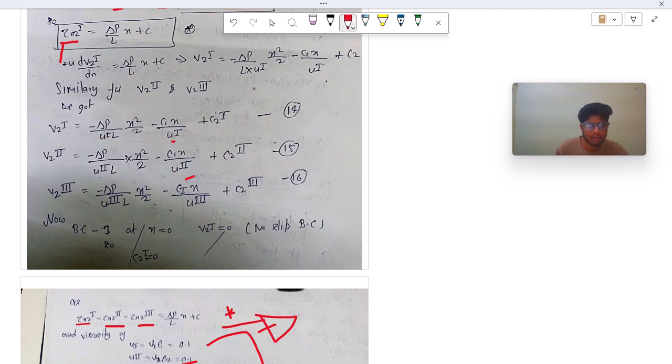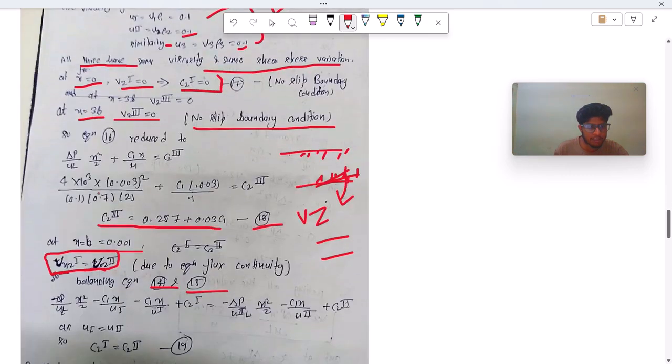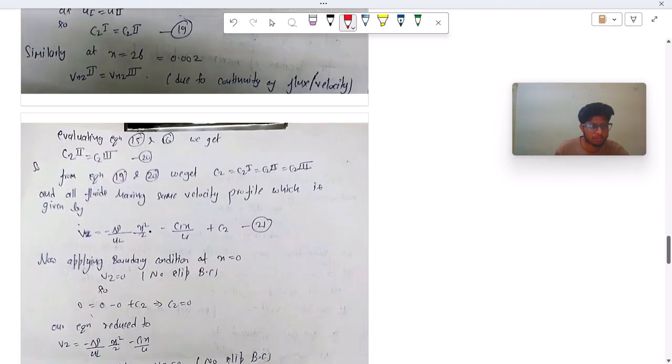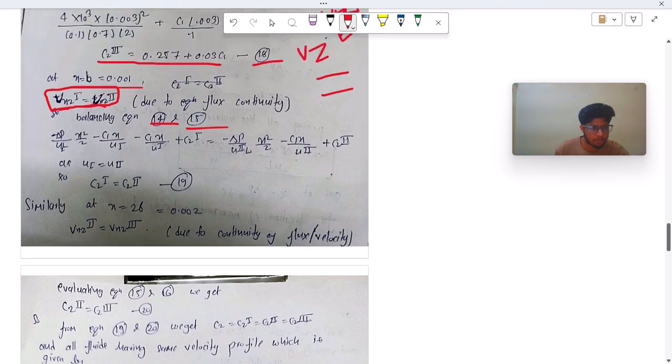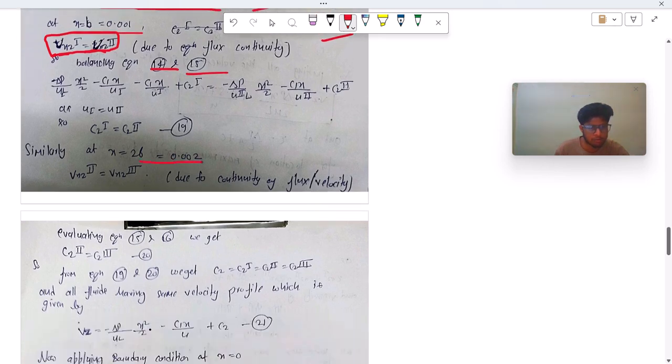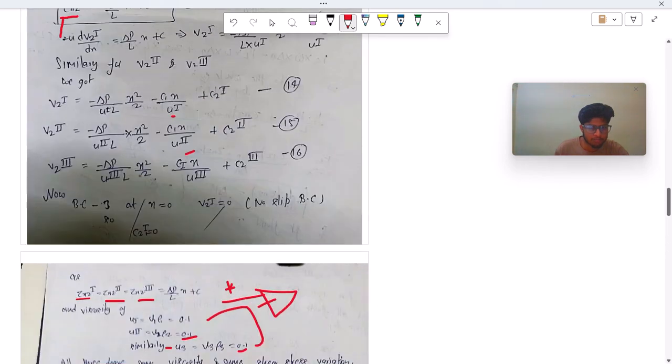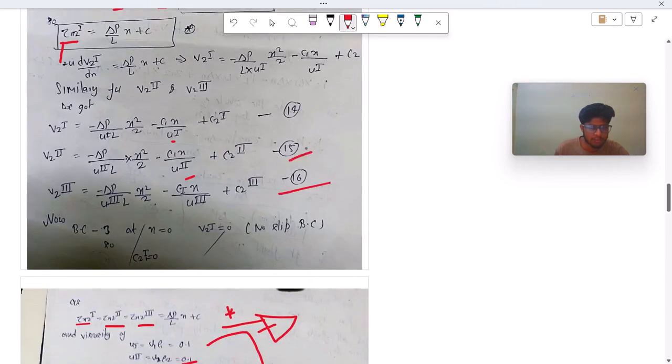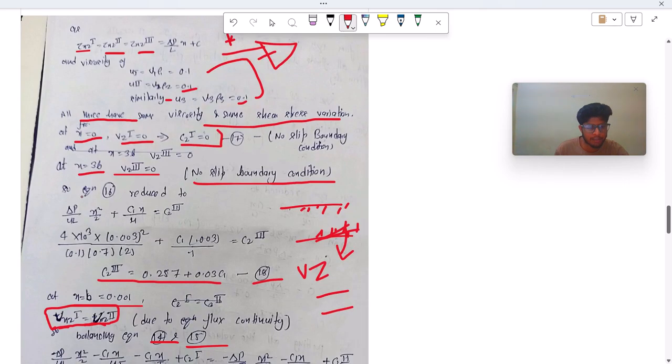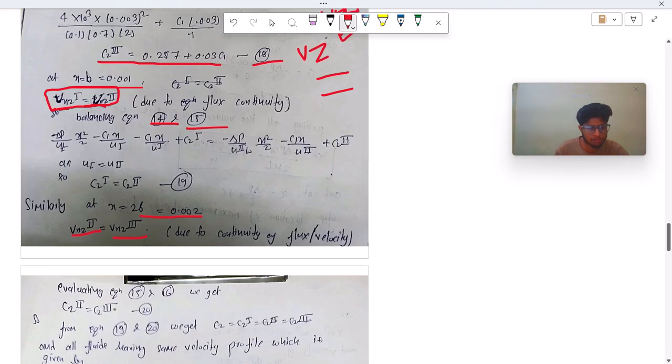Again we apply the flux continuity equation at x equal to 2b, that is 0.002. So velocity Vz2 equal to Vz3. Again evaluating the 15th and 16th equations, we get C22 equal to C23.